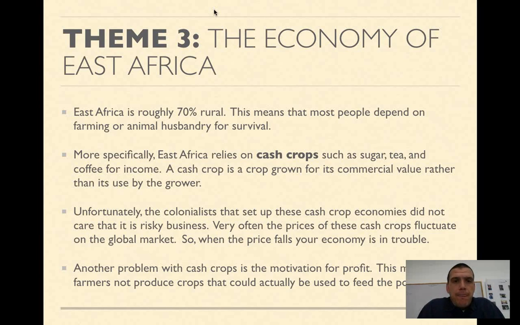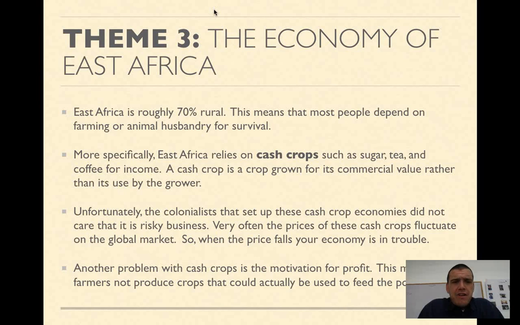So now, theme 3, the economy of East Africa, and this kind of integrates with our previous theme of colonization, because the economy of East Africa was and is heavily shaped by its colonial history.